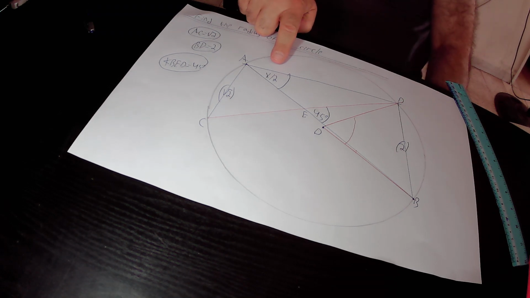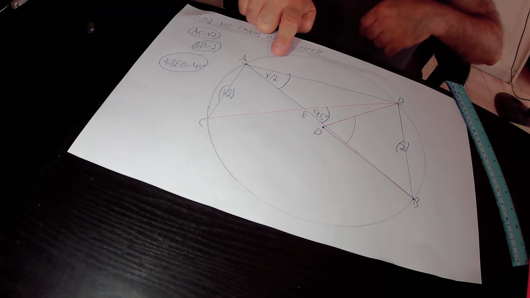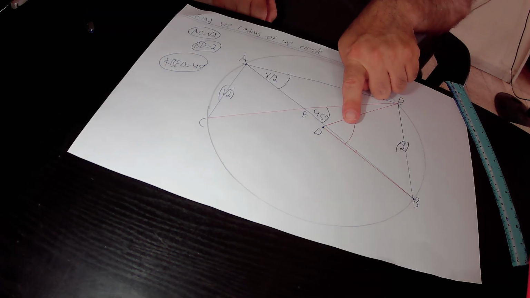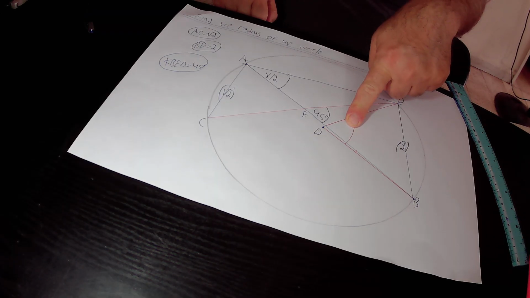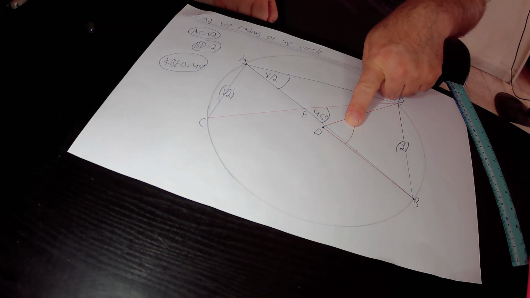The size of this peripheral angle DAB is x over 2, therefore the size of this central angle DOB must be equal to x over 2 times 2, that is x.